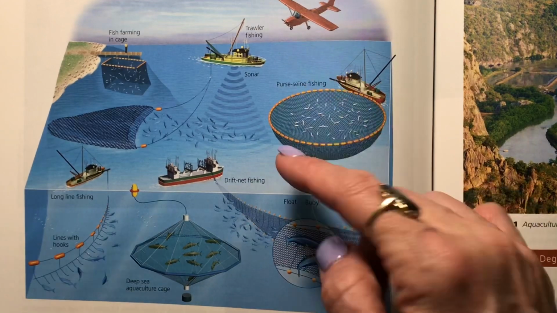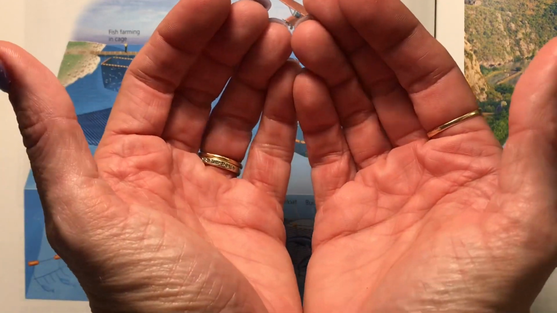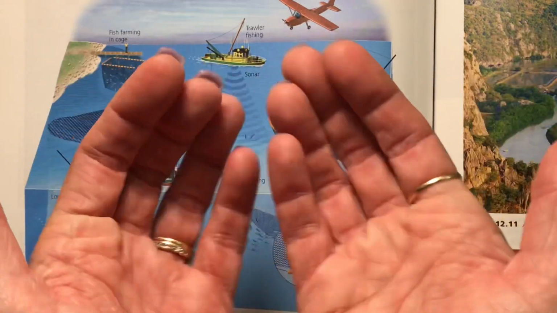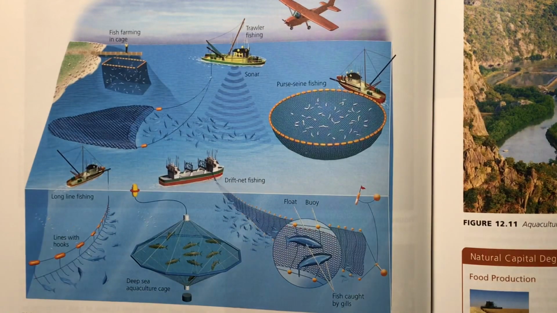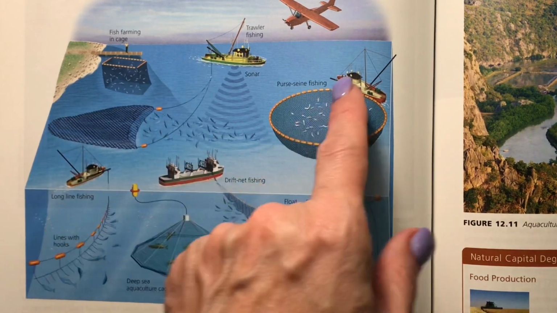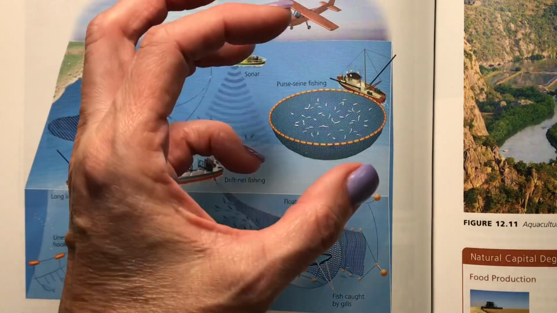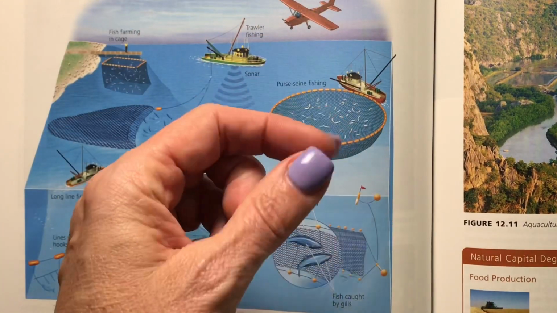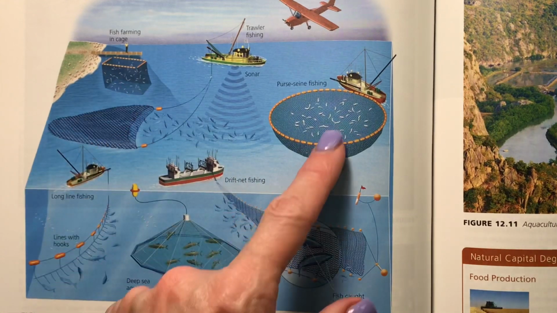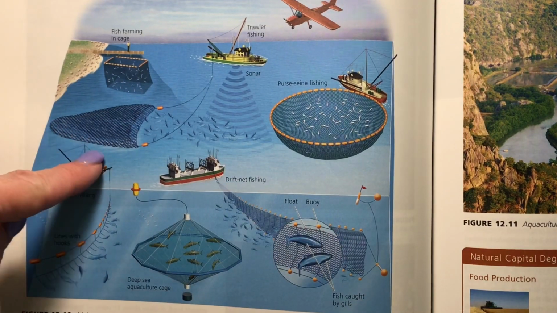If anybody has ever seen a purse, that's basically just a piece of fabric, and it's got a drawstring, and it pulls shut, and it makes a little pouch. Dumplings are made this way as well. That is exactly how you do it. So you maneuver this under a school of fish. These are smaller fish, and then you just pull it shut, get it on board, and then open it, and then sort everything.